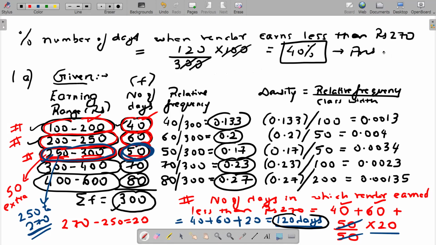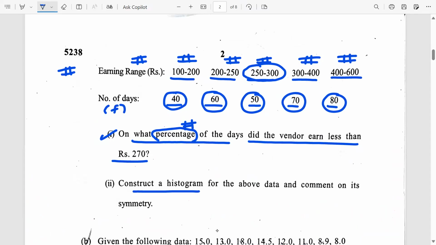Okay. So basically relative frequency and density we calculated because we would want to now plot the histogram. If I come back to the question paper, it also asks us to plot a histogram. And since these are class intervals with unequal class widths, we calculated relative frequency and density. But to solve the first part, we don't need relative frequency and density. All we need is to work out the percentage number of days.